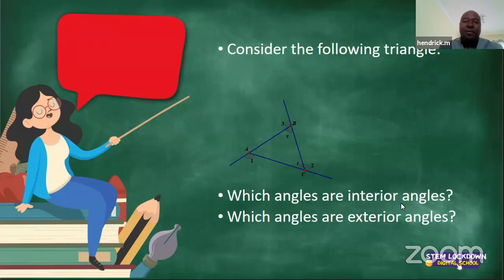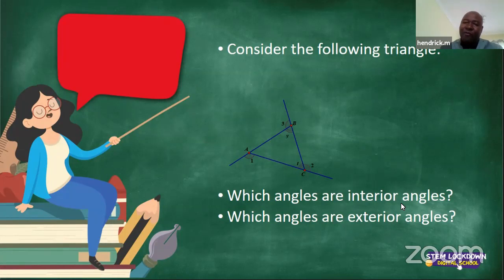Right. It seems we have lost Cameroon there. At this point, the basic foundation of our lesson today, as I've indicated, is that we will be looking at the properties of a triangle. One of the properties of a triangle is that it has interior angles. All triangles have interior angles, but not all triangles have exterior angles.